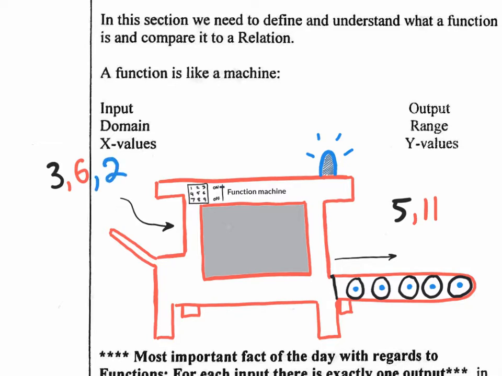I plug in the number 2, and inside something happens, and when it comes out, I get the number. Does anybody know? 3. 3 is correct. If you haven't figured it out yet, let's try another number. How about the number 10? If I plug in the number 10, I get out the number what? 19. Somebody has it.